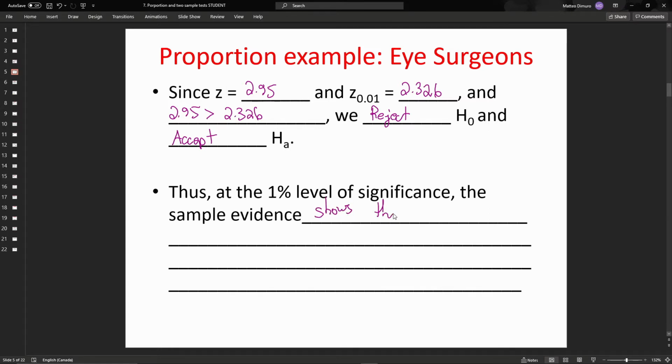So it shows that the proportion of eye surgeries, I suppose, using the new method has a success rate greater than the old surgery.